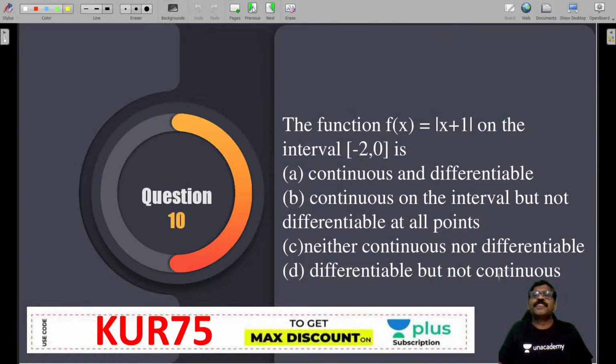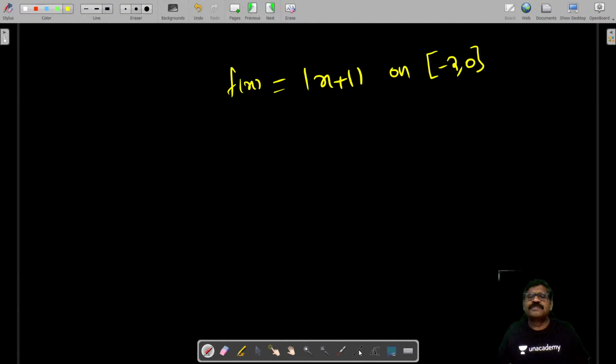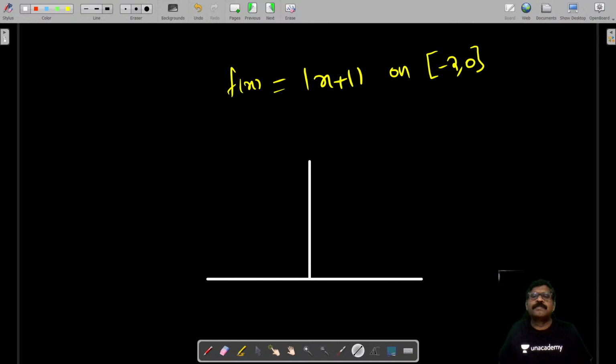Mod x plus 1 on the interval minus 2 comma 0.